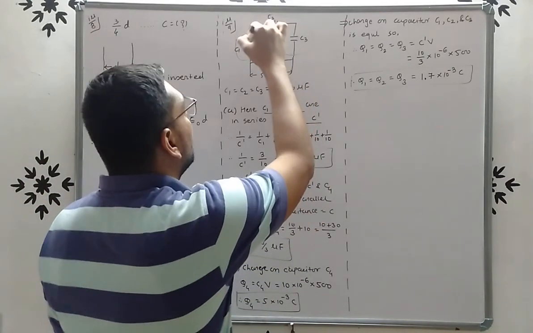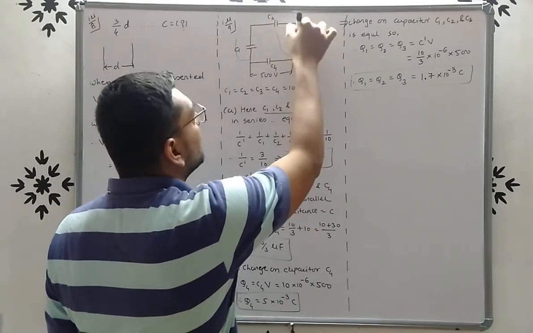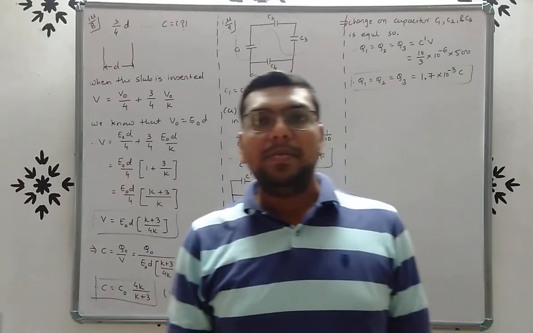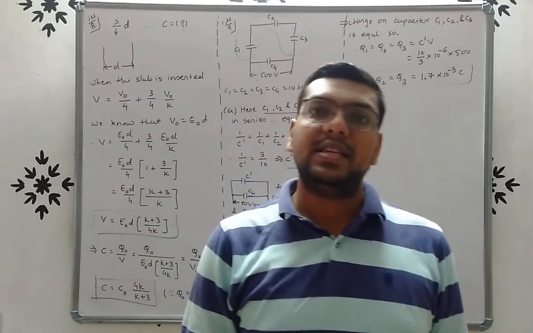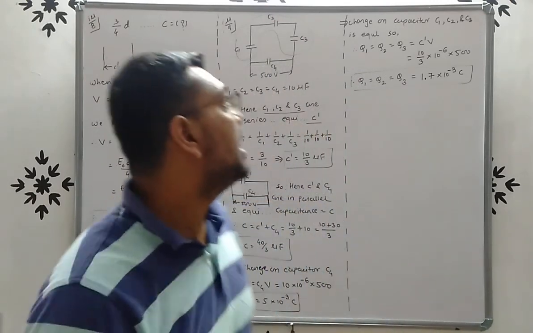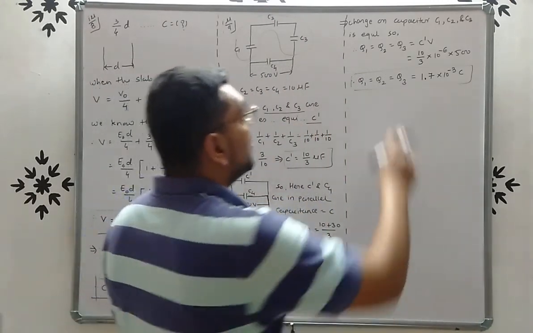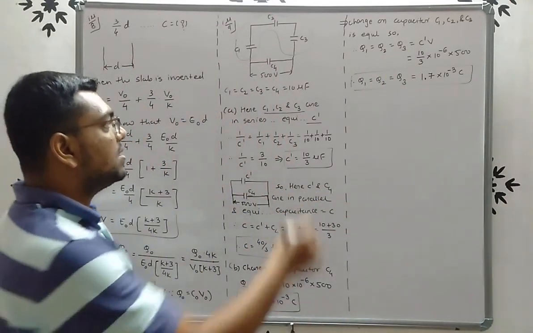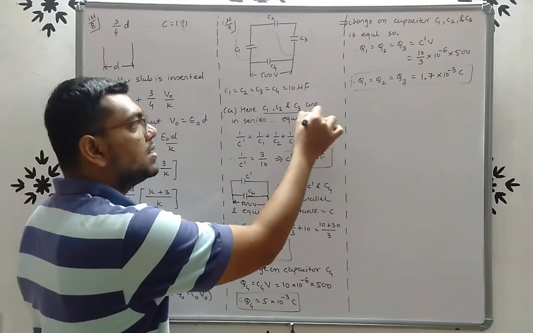Now to find out charge on capacitors C1, C2 and C3, these three capacitors are in series, and we already know that in series operation charge will remain the same, right? So Q1 is equal to Q2 is equal to Q3. Here the equivalent capacitance of C1, C2 and C3 is C dash.